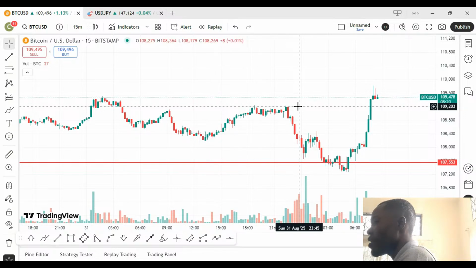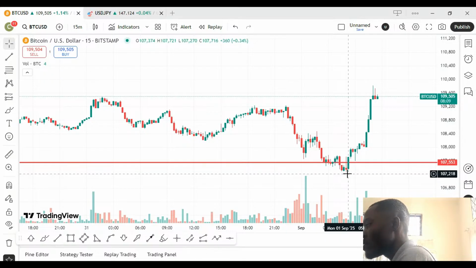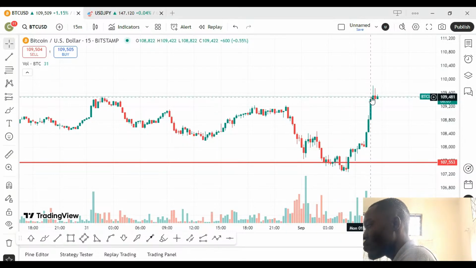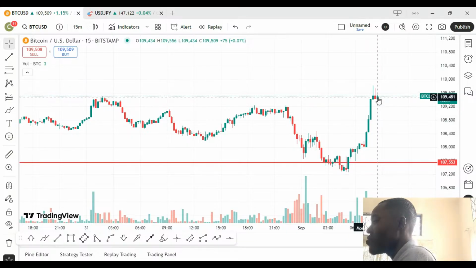So you can see almost 1:10, 1:5 risk to reward, because the stop loss is just small, but the take profit, look at what it got to before the market slowed down in that area.